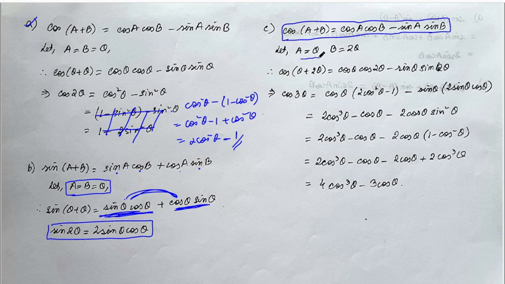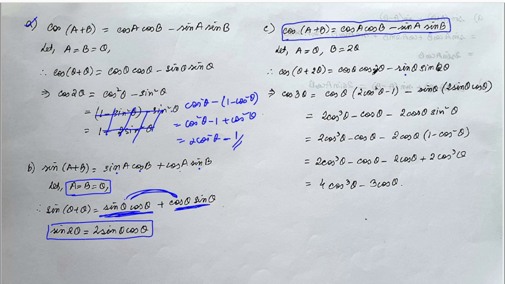Let A equal theta and B equal 2 theta. So each and every single value will be changed: A is replaced by theta, B by 2 theta. So you just replace A and B in this equation, and then it's cos theta cos 2 theta minus sin theta sin 2 theta.